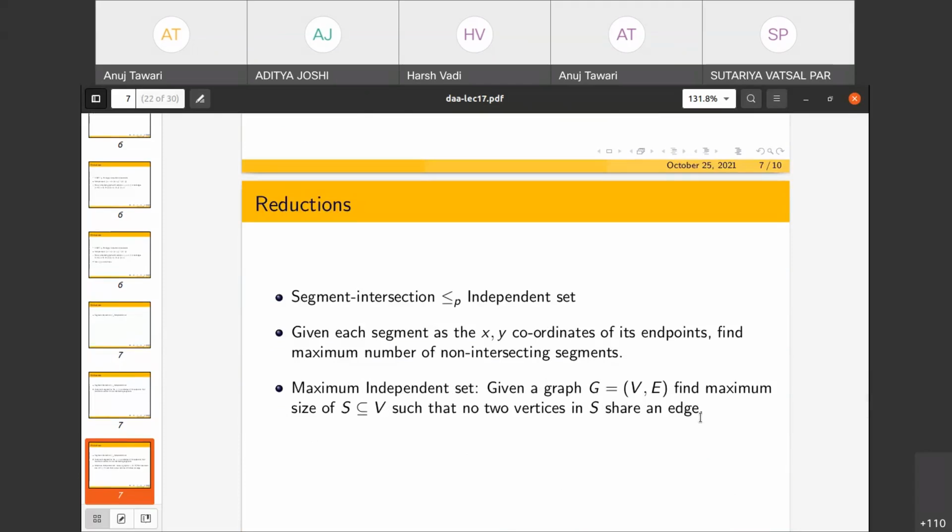Okay. Now we are given this instance of segment intersection and we want to reduce it to independent set. So you are given these line segments, you are given these x and y coordinates. I want to construct some graph such that if I can find the maximum independent set in this graph, I can decide the maximum number of non-intersecting segments.